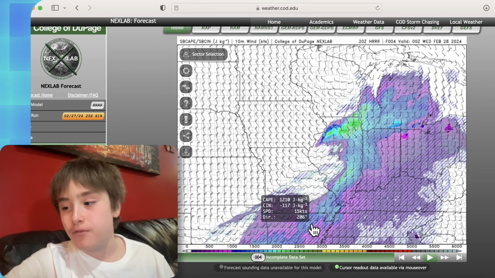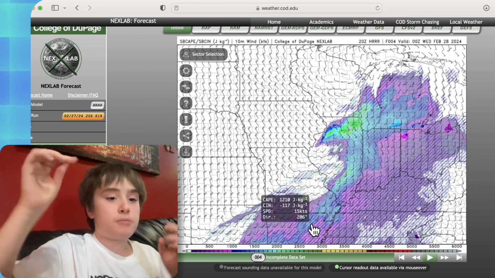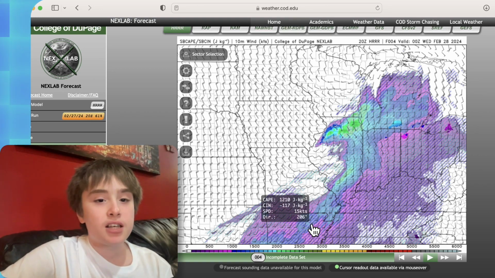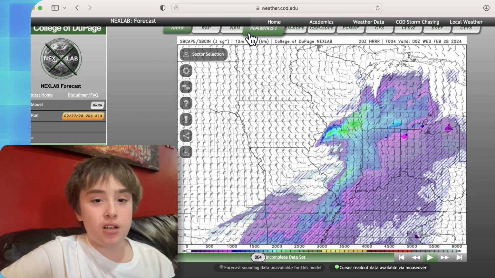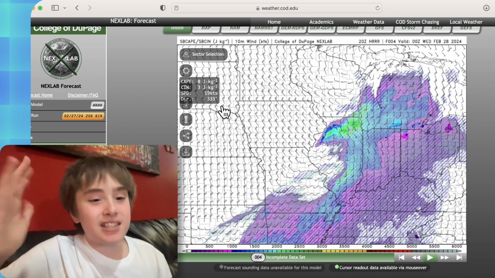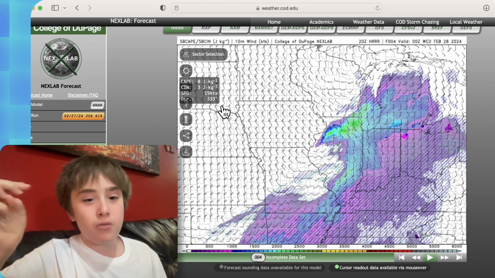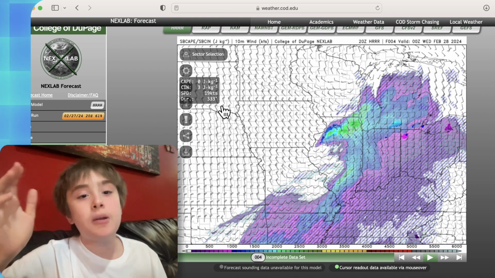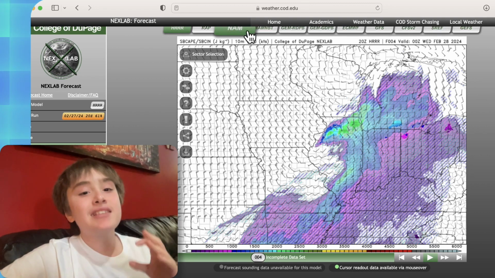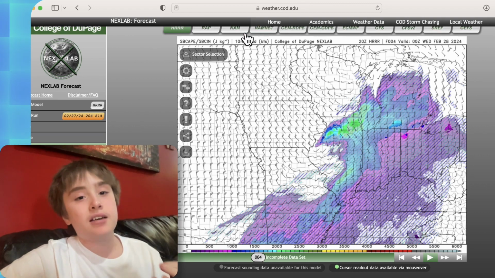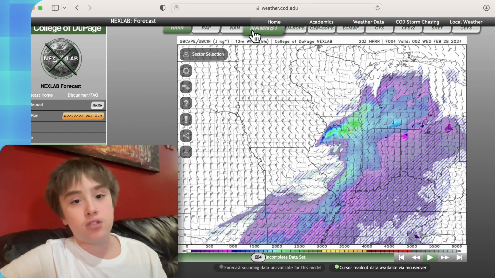Tornadoes don't need a perfect gradient all the time. Sometimes they can form without it, because it's not too hard to create a tornado. You do need a perfect balance, but it's a little easier than some may think. But that's only the weaker tornadoes that would develop in that.